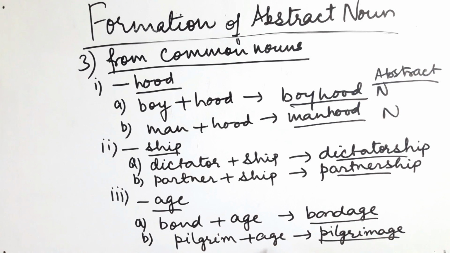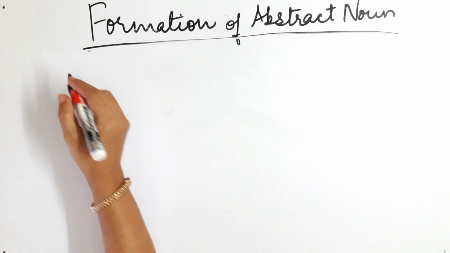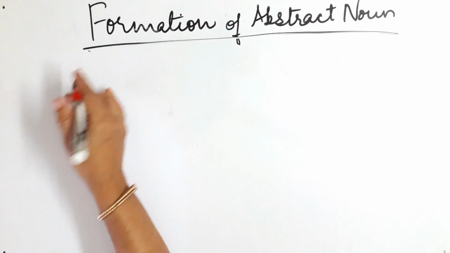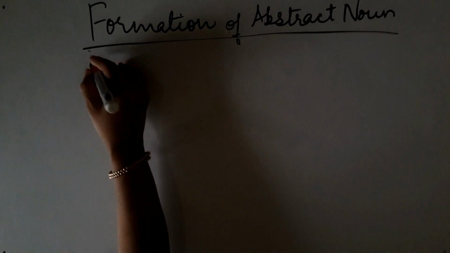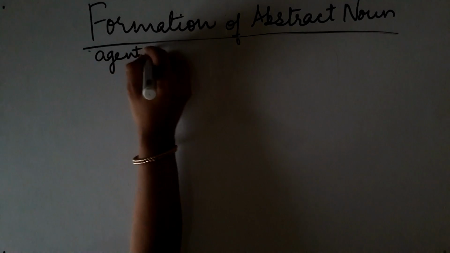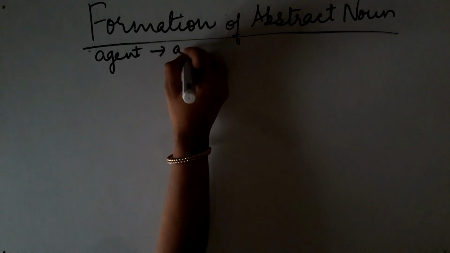There are certain other words in this case where again it does not follow any rule. We have still a few words with us where the above given rules are not followed. Simply a new word is made. I have words like agent. It changes into the abstract noun, agency.